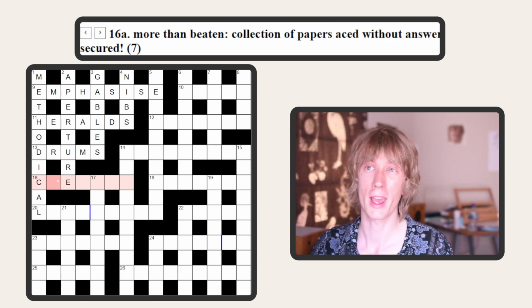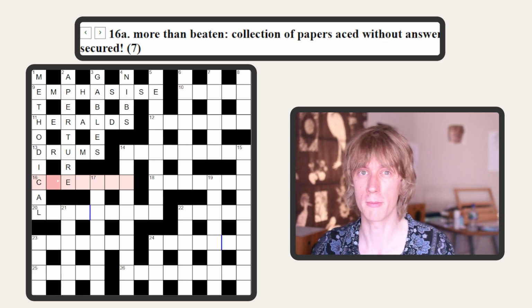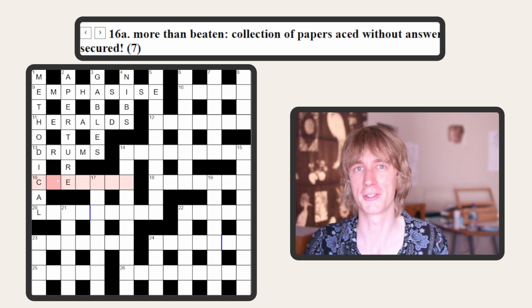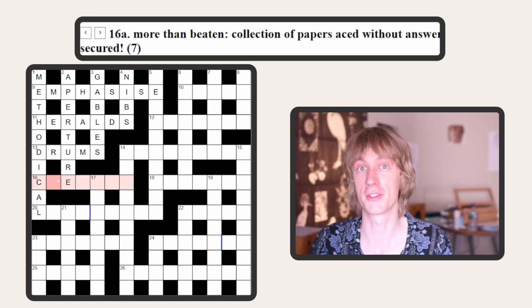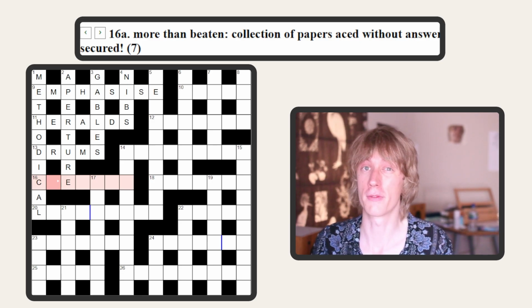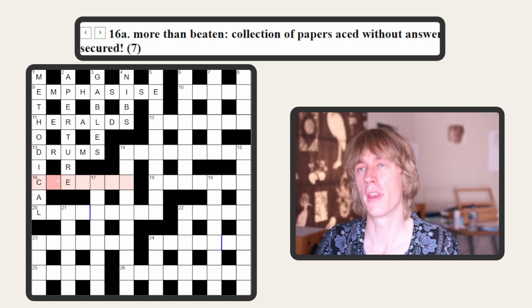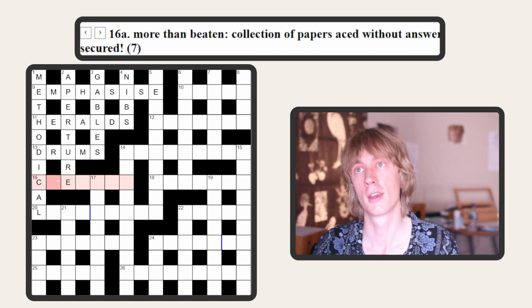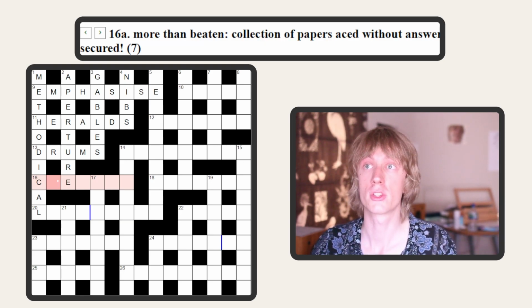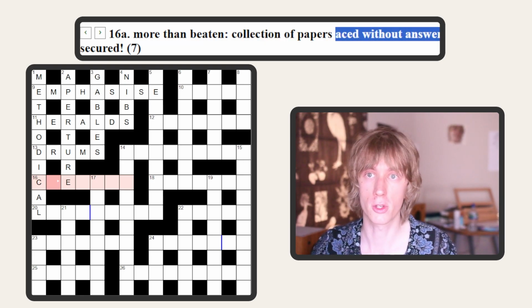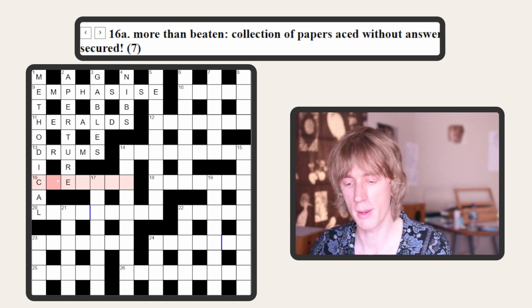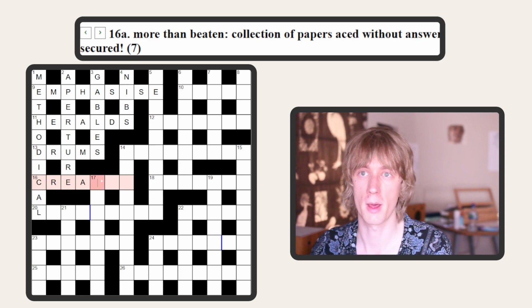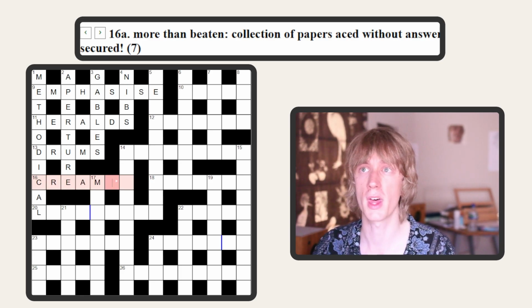Okay, well, a collection of papers is a ream. There's not really many things that you could get from collections of papers, so that's a pretty direct one if you know the word. And then aced without answer is securing that ream. So we can pop ream in here. We can see the E is already there in that position, so it tells us that ream goes there.